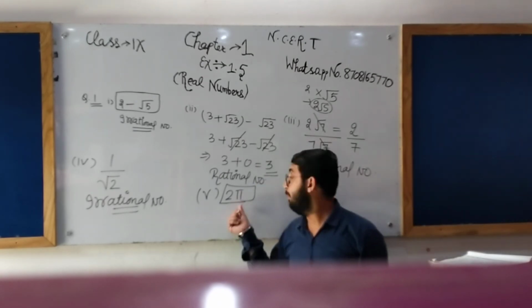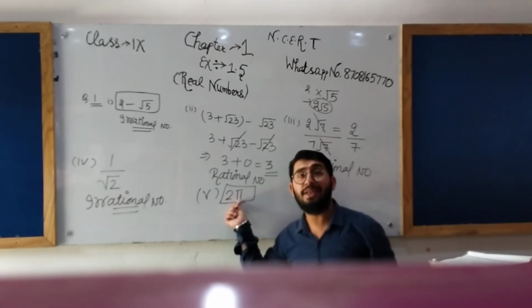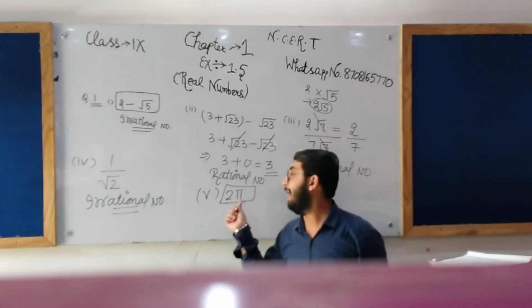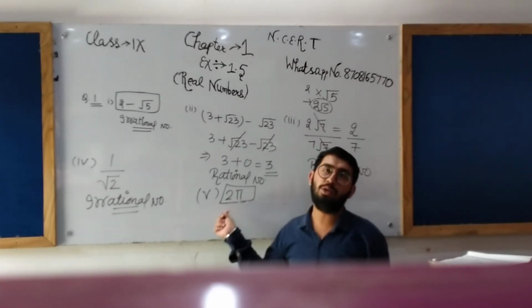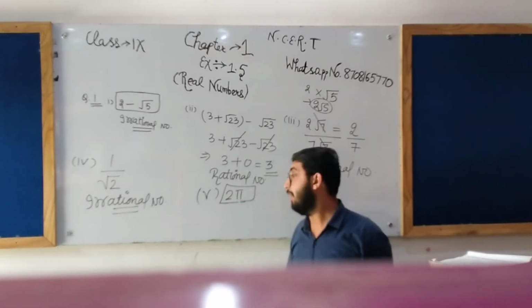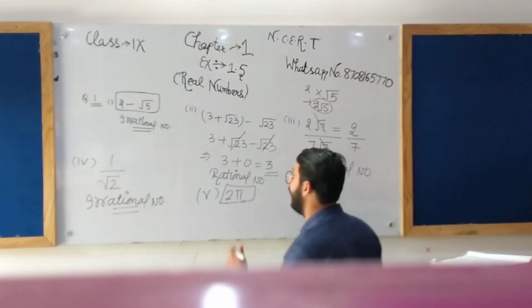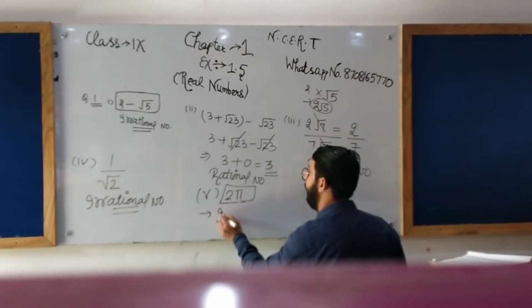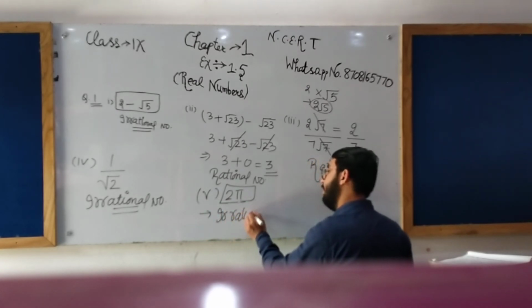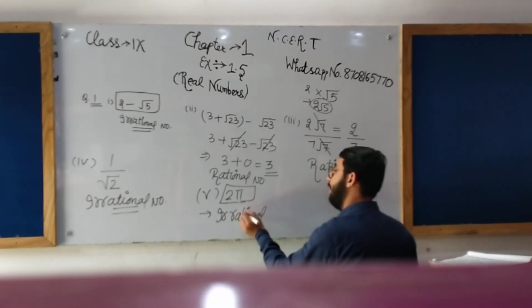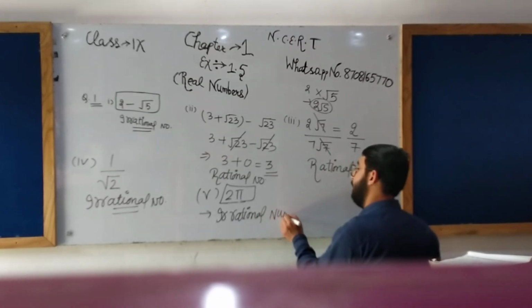Similarly, in this question, pi is an irrational number, but 2 is a rational number. When you multiply a rational by an irrational, the answer is always an irrational number.